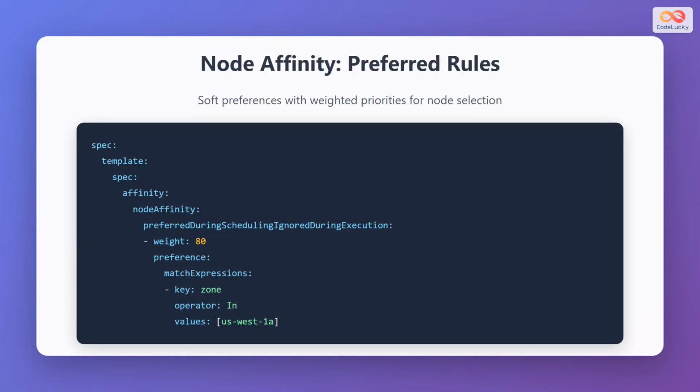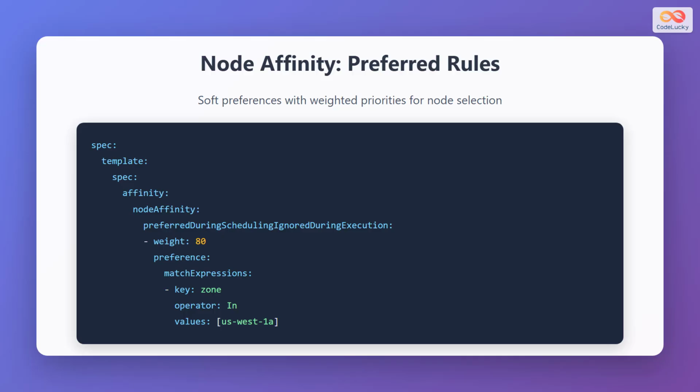Node Affinity also supports soft preferences using the preferred during scheduling, ignored during execution rule. Unlike required rules, preferred rules don't block pod scheduling if no matching nodes are found. Instead, they guide the scheduler to favor certain nodes when possible. Each preference has a weight value between 1 and 100.